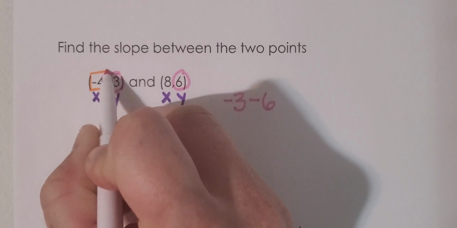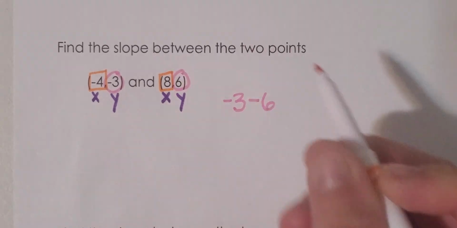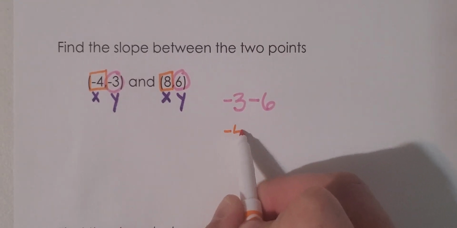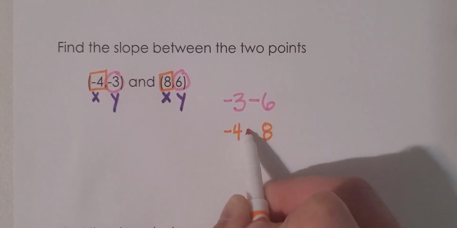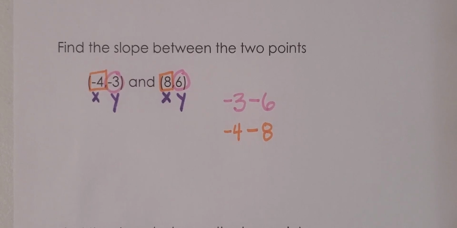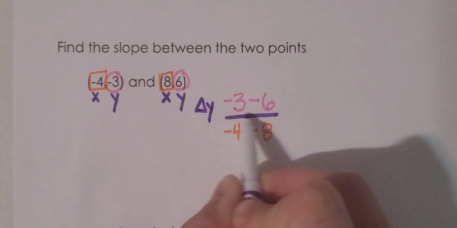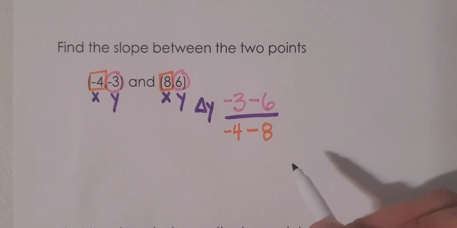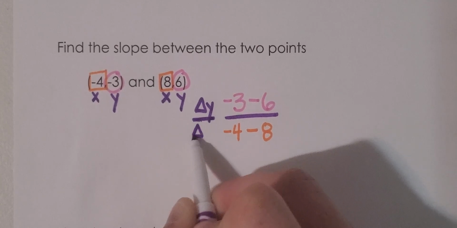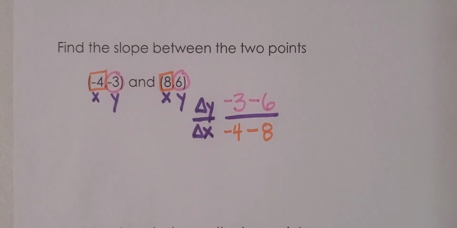My x values will be on the bottom of the fraction. So I would take -4 and 8 and subtract those as well. I can write this as a fraction because I'm finding my change in y, which the pink numbers are my y numbers, and my change in x, and my orange numbers were my x values.